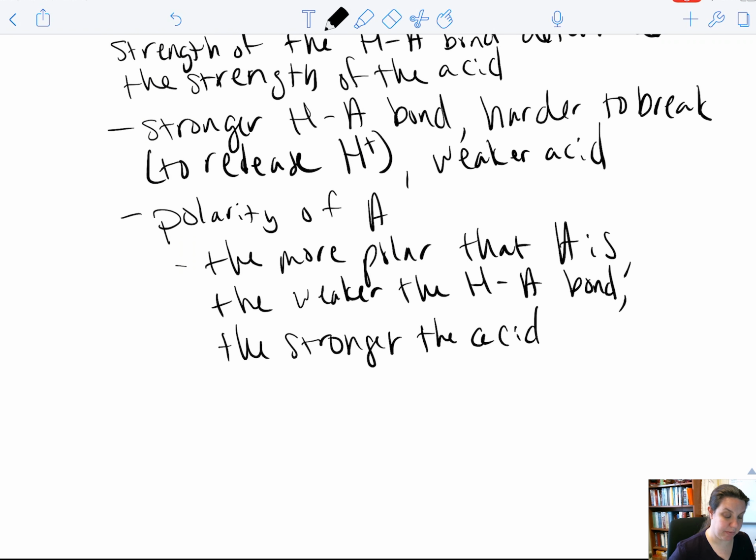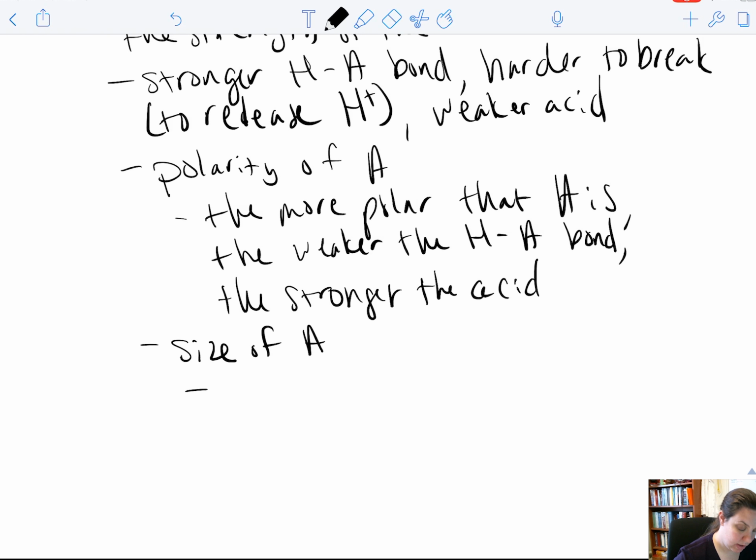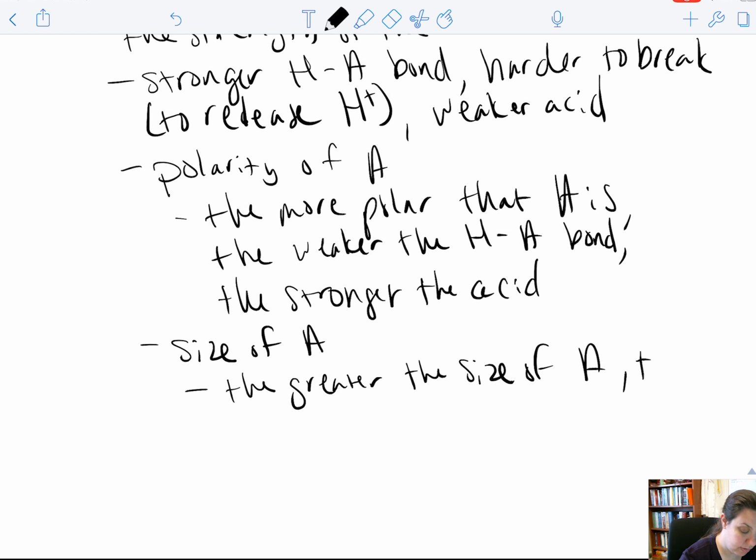We can look at that bond strength as well as the size of A. The greater the size of A, the less H and A orbitals overlap.